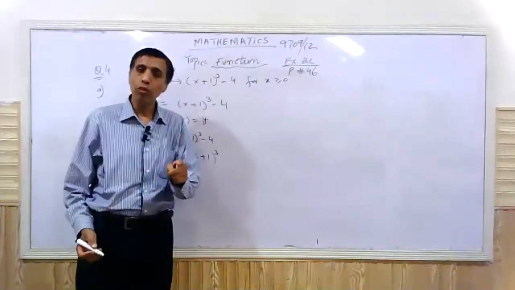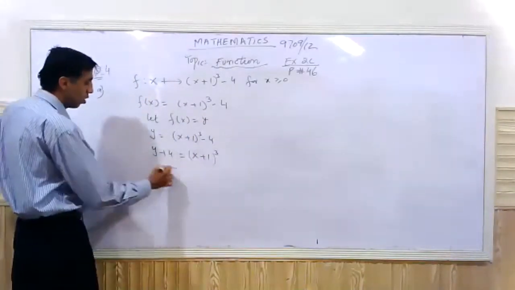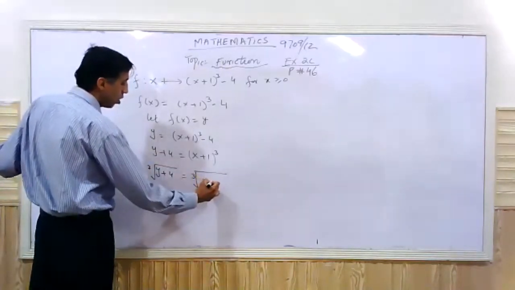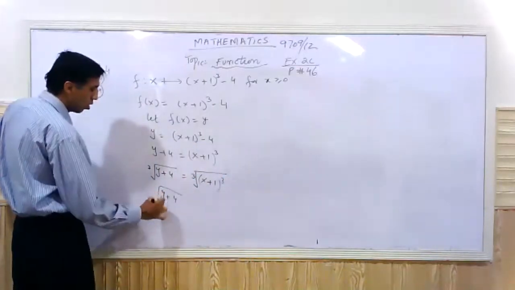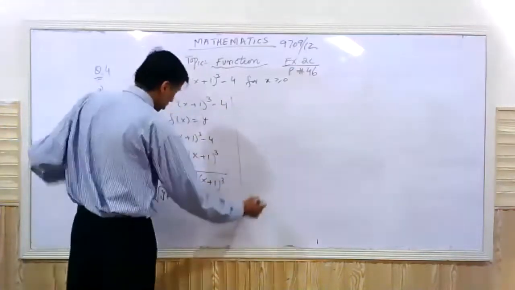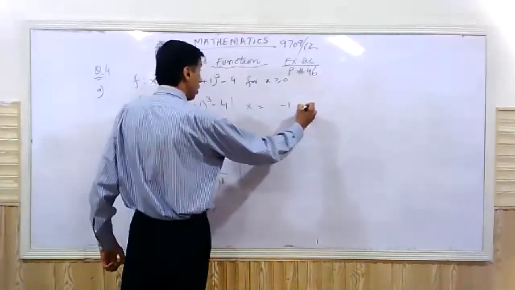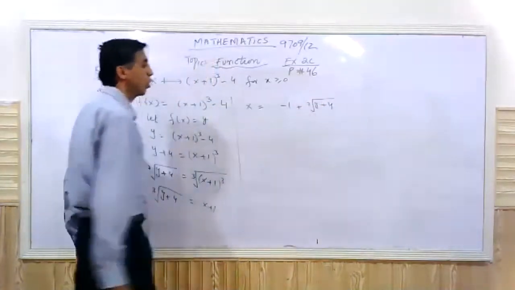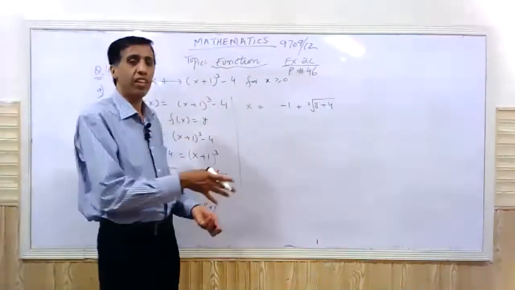When we have to remove a cube root, we take the cube to both sides. I have taken this 4 to the other side to make x the subject.